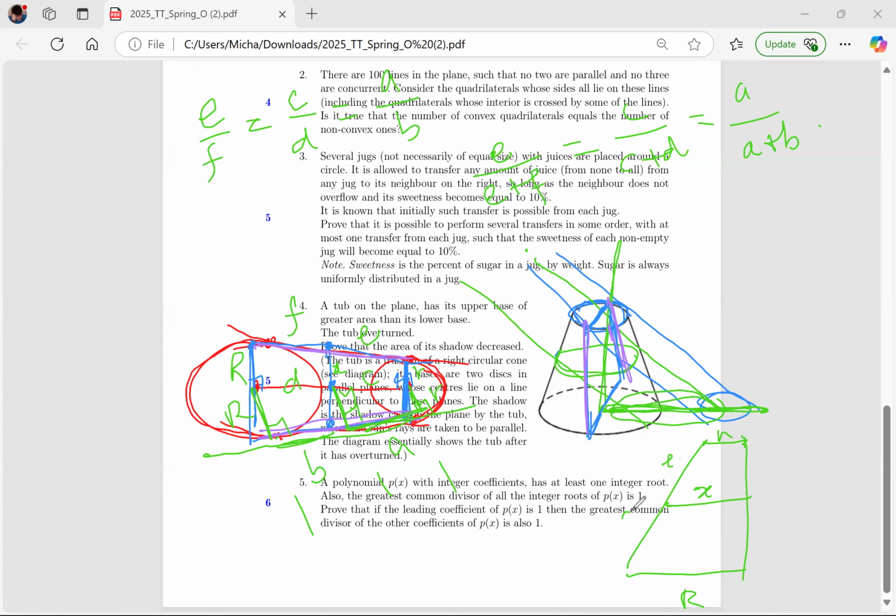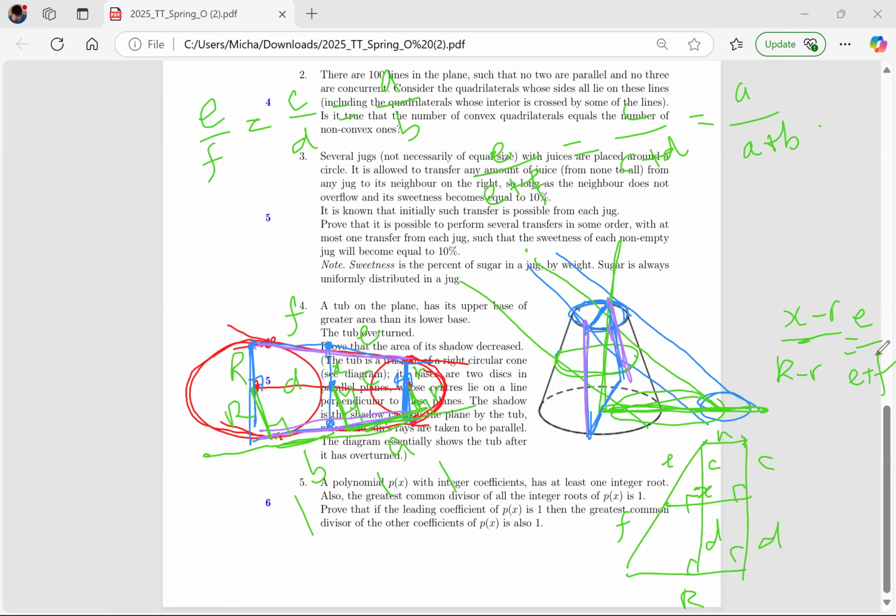This is E, this is F, this is C, this is D. Then we can move this one across to here, and this length is still C, this is still D. These are similar triangles, so x minus r over R minus r is equal to E over E plus F.